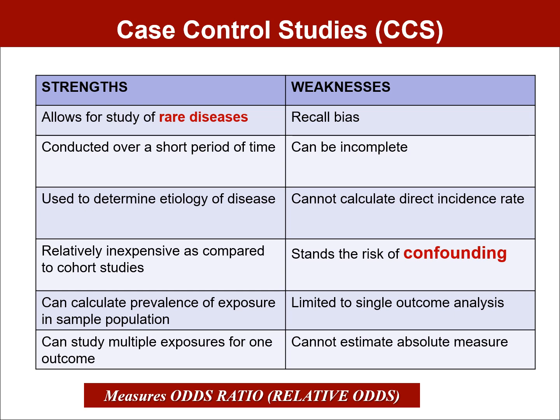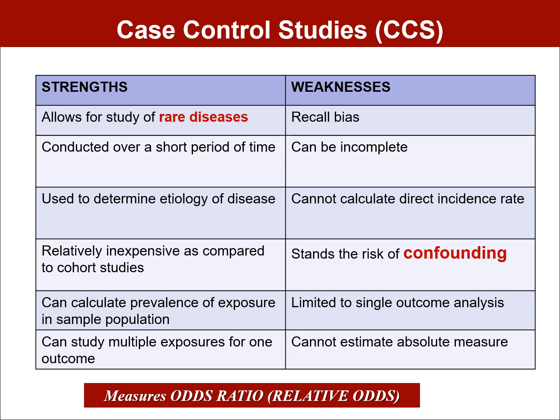In terms of weaknesses, one of the biggest weaknesses of case control studies is recall bias. Again, why this is big, if there's anything you don't remember about the downsides or the limitations of a case control study, it's the fact that recall bias plays a key role.